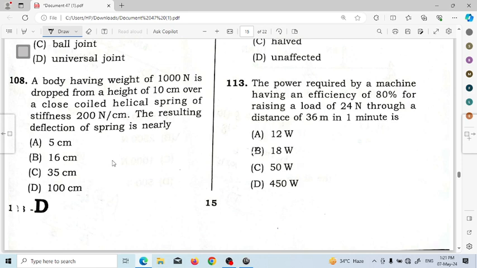So by conservation of energy, the potential energy mg(h + x), where h is the drop height and x is the deflection, is equal to the spring energy, half k x square.